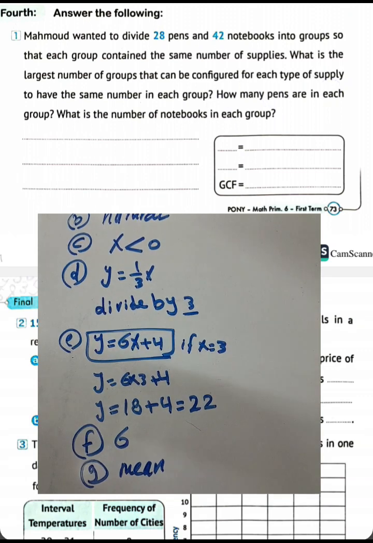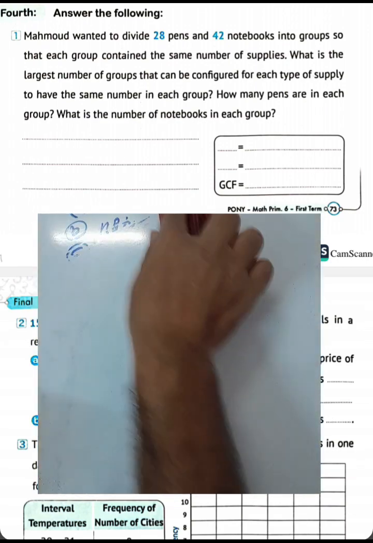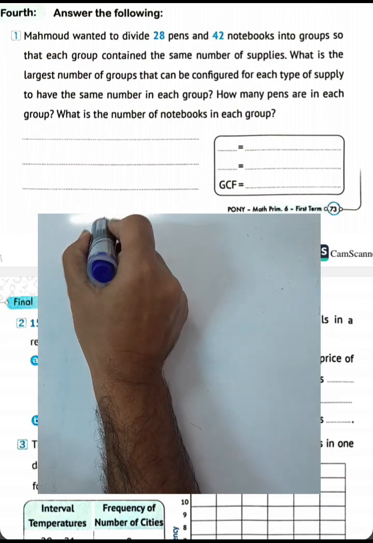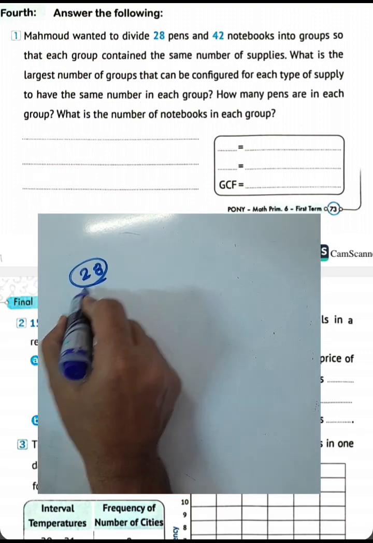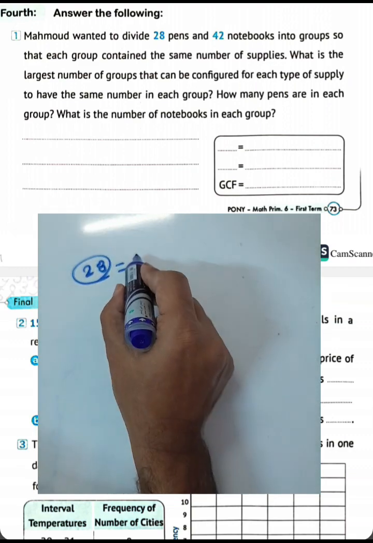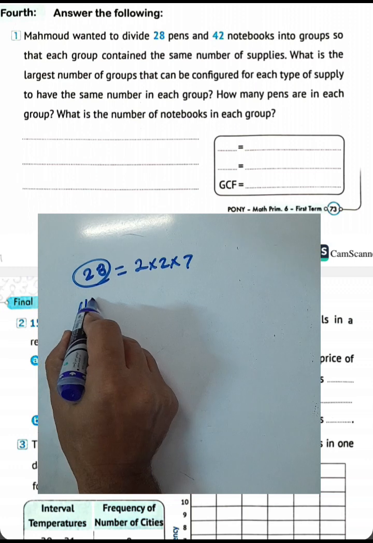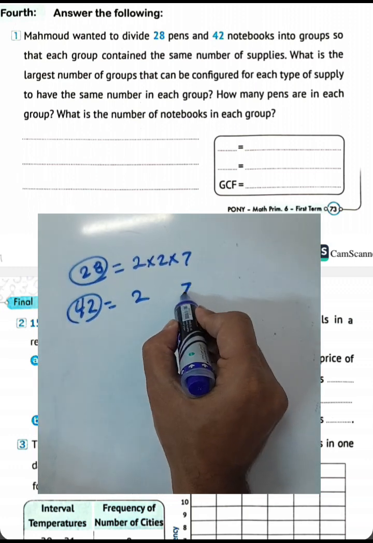Okay, in this example we can find the highest common factor between two numbers by factorization. First number 28 and the next number 42. We know 28 equals 4 times 7, that is 2 times 2 times 7, and 42 equals 6 times 7, that is 2 times 3 times 7.